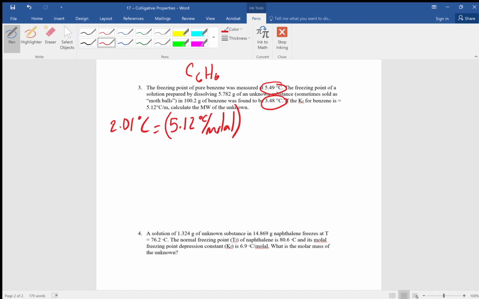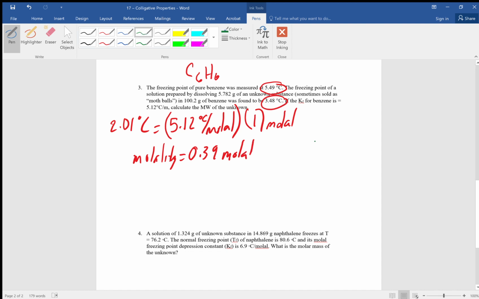And so we can make the assumption that our Van Hoff factor here is 1. And the molality is unknown. So we can solve this for molality. And that is equal to 0.39 molal.